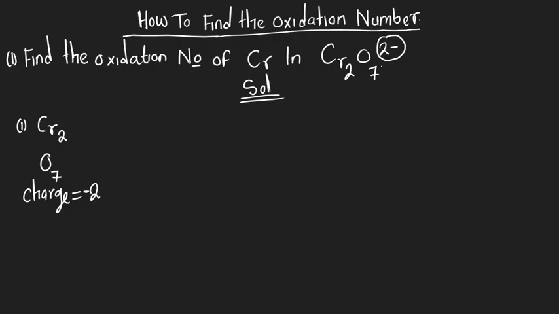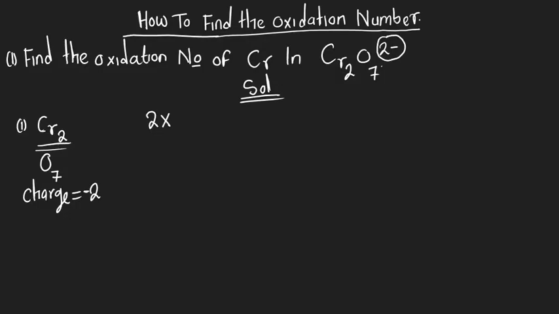So for you to find the oxidation number of this one, ask yourself, how many atoms of chromium do you have? Hello, can someone just answer me? How many atoms? 2. So you're going to say 2x. How about if there was one chromium? You would have said x.